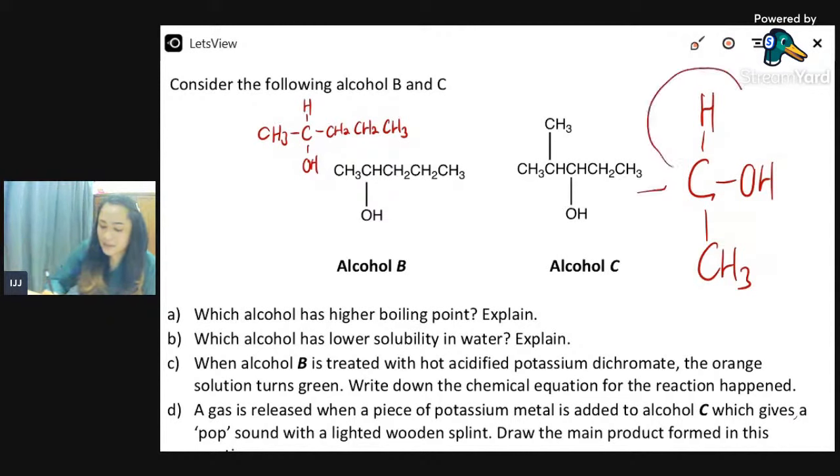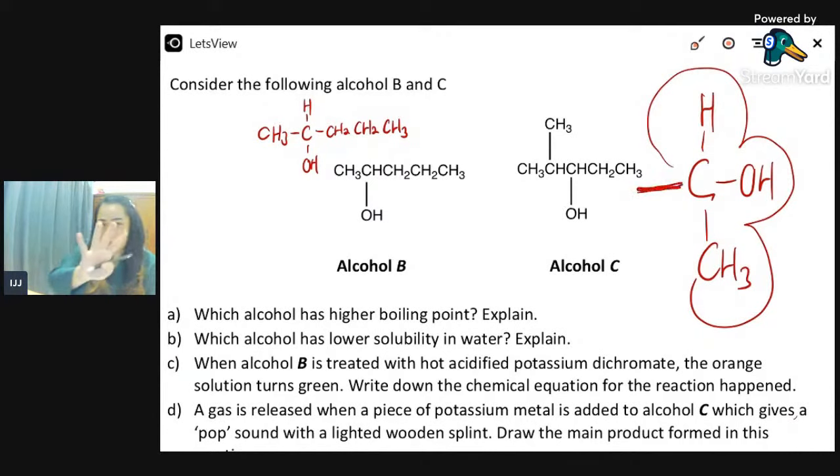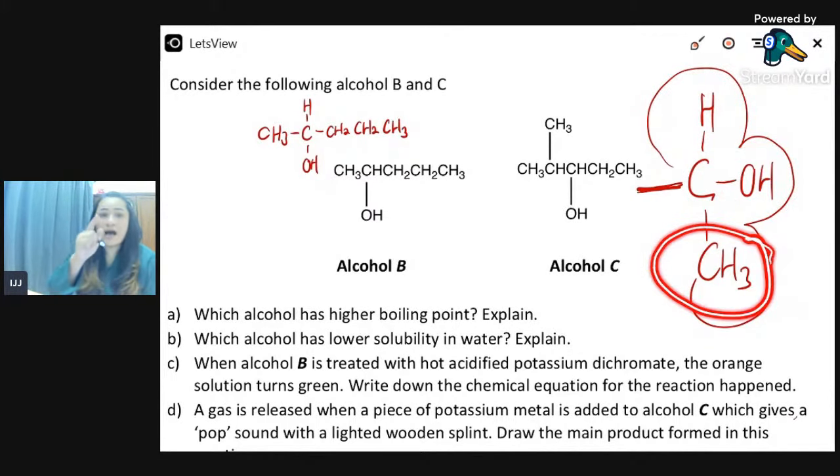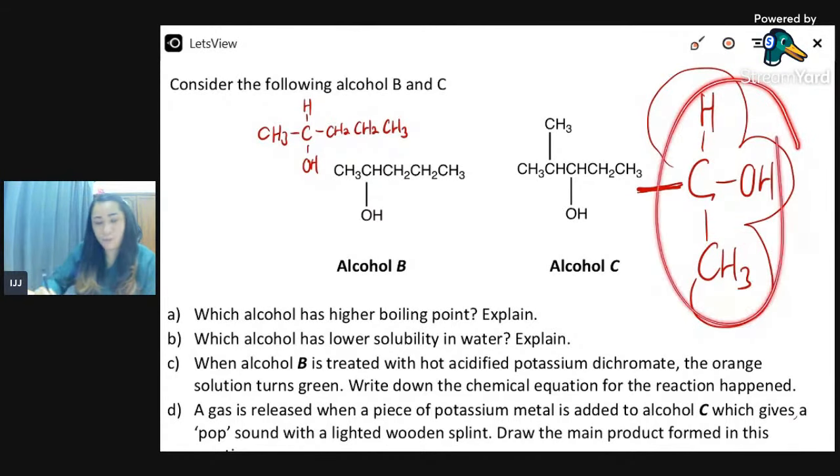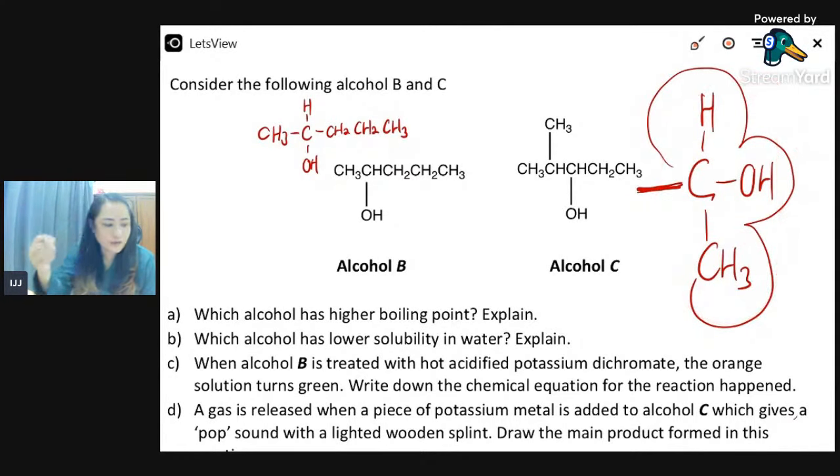Why did I leave the fourth bond empty? Because the fourth bond can be any atom or any molecule, as long as you have this group, carbon with hydrogen, OH and CH3. As long as you have this group, then you have the methyl alcohol group.